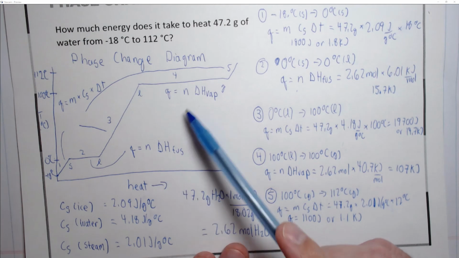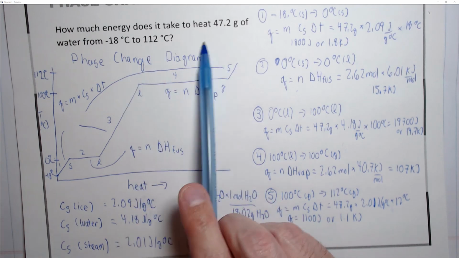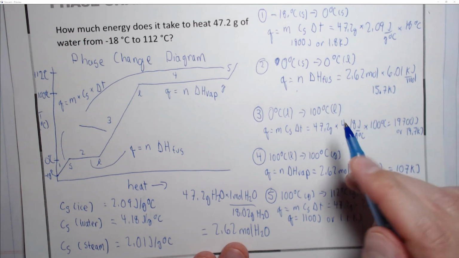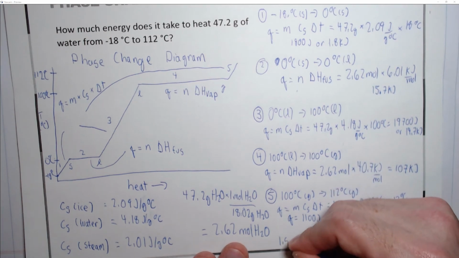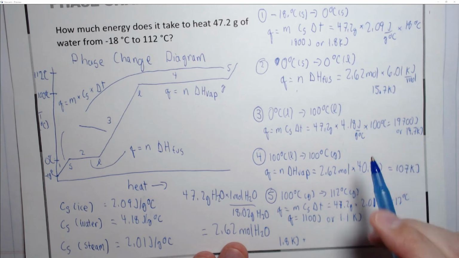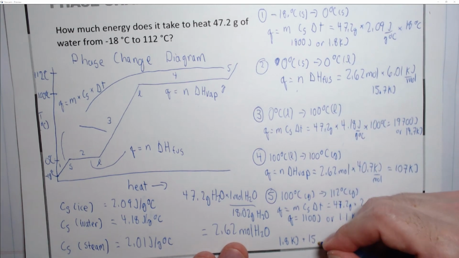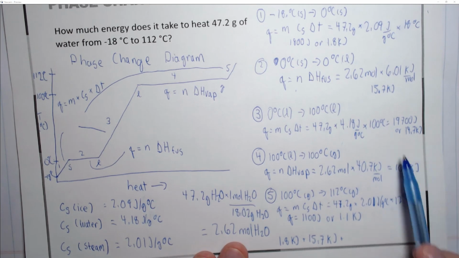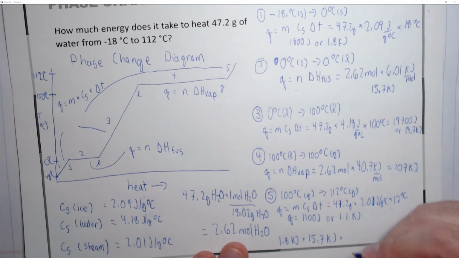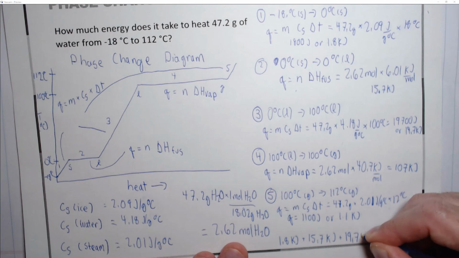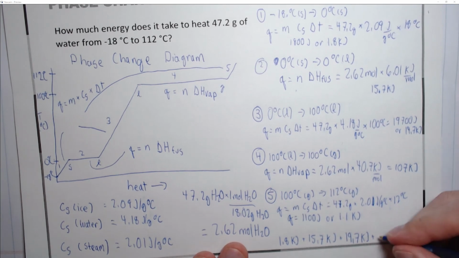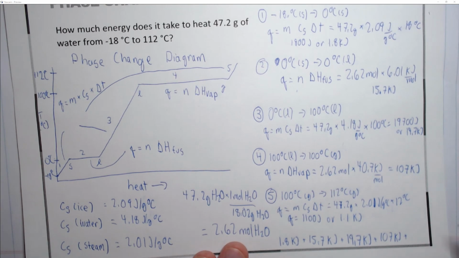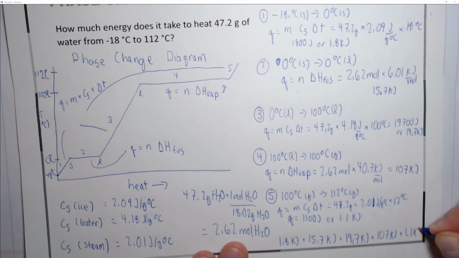So for each segment, we found the amount of energy required. How are we going to find the energy to do this whole thing, to go from -18 to 112? Well, we're simply going to add them together. So we take our 1.8 kilojoules plus our 15.7 kilojoules plus our 19.7 kilojoules plus our 107 kilojoules plus our 1.1 kilojoules.